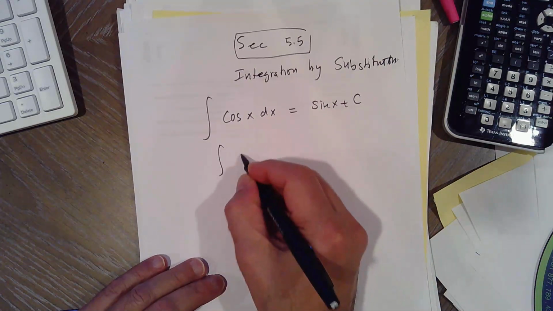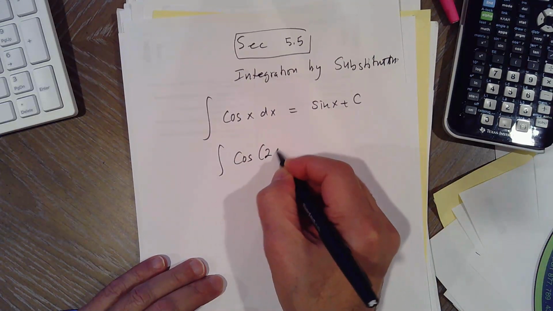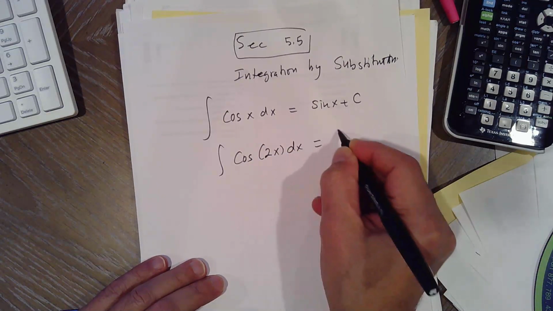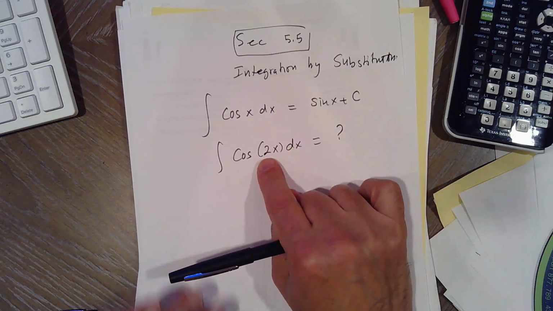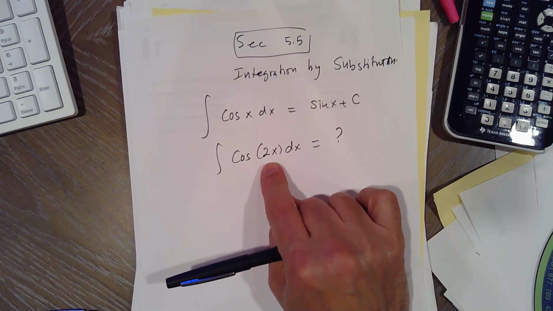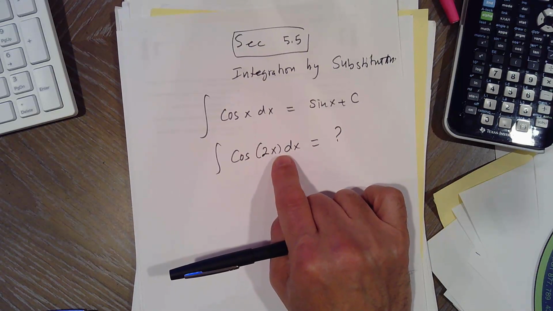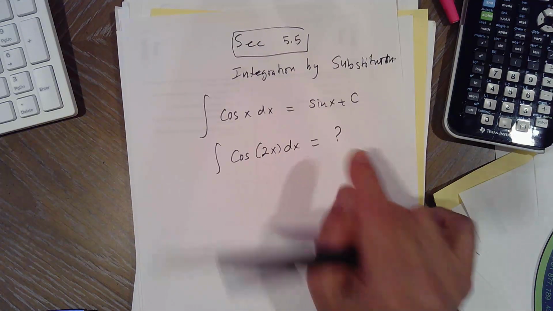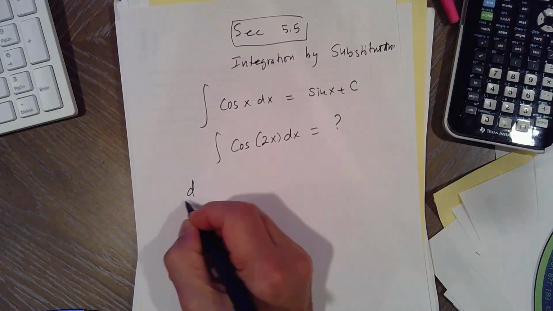So what if I wanted to do the integral of cosine 2x dx? Which function has a derivative of cosine 2x? In this case, we will use what we call U substitution, which is based on the chain rule for derivatives.